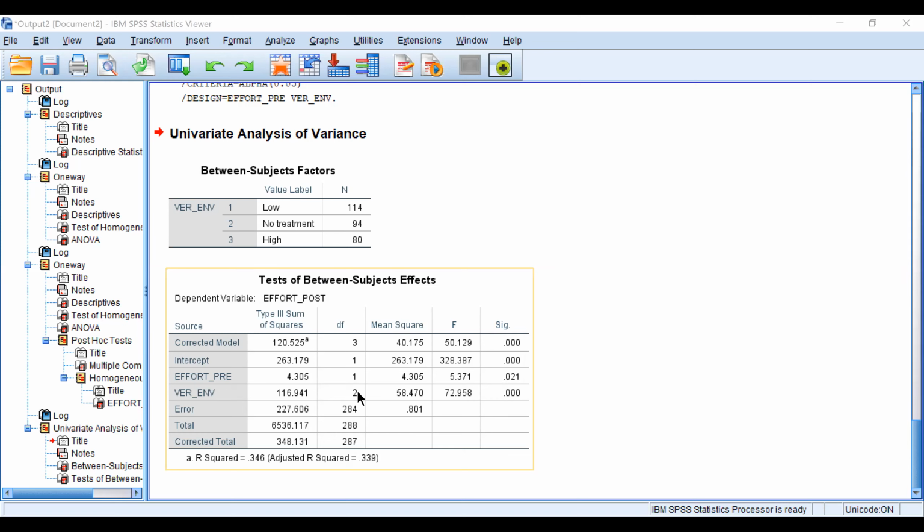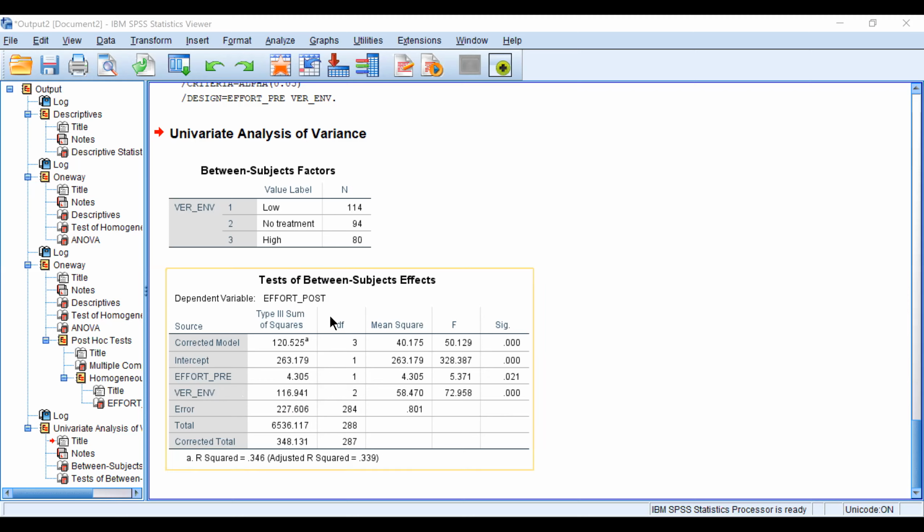And even after controlling for pre-existing differences in perceptions about effort, the category to which people were assigned is still significant, with sig less than 0.01. Okay, let me say that again.